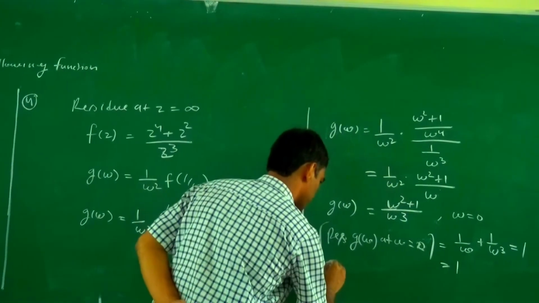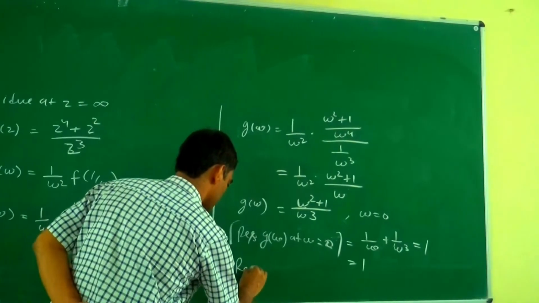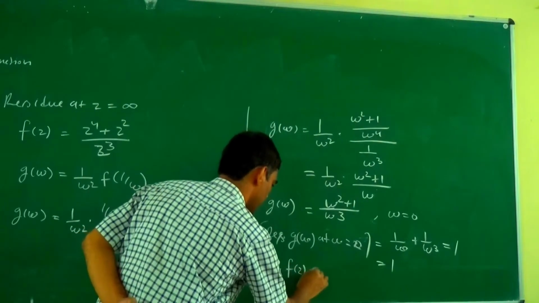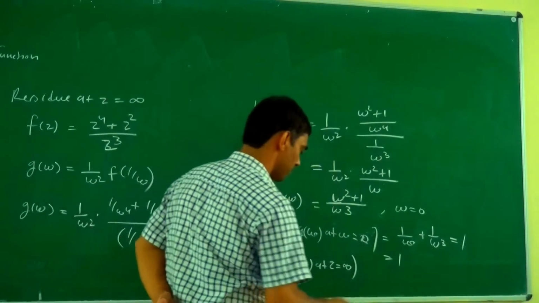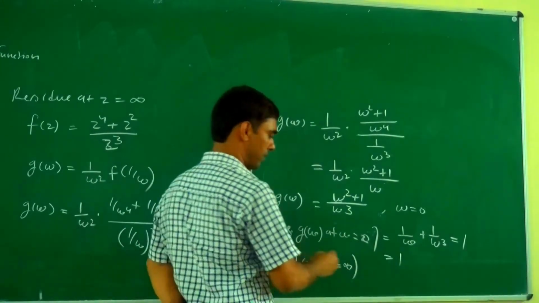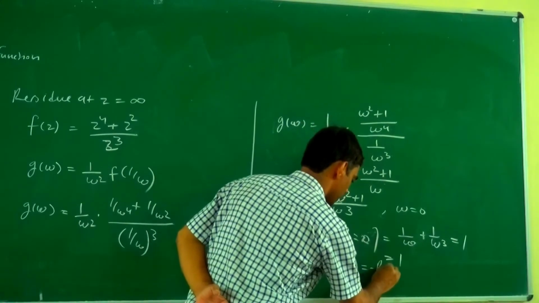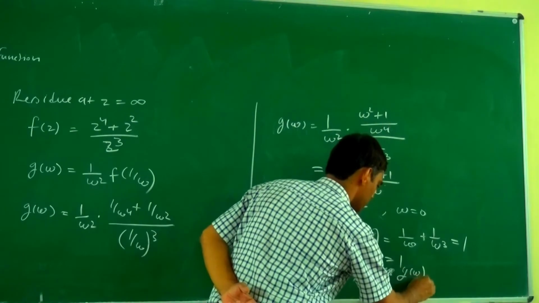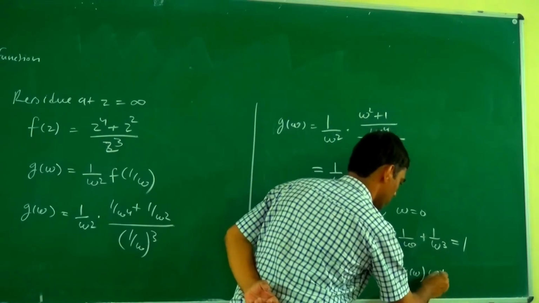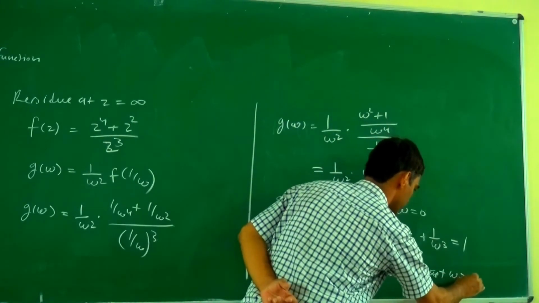And the residue of F(z) at Z equal infinity becomes minus of the residue of G(W) at W equal 0.